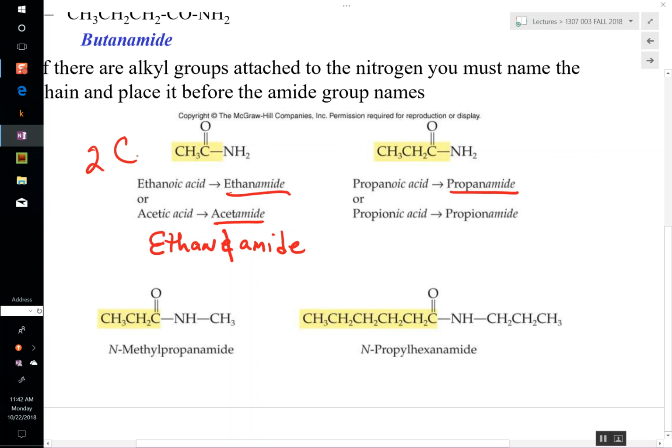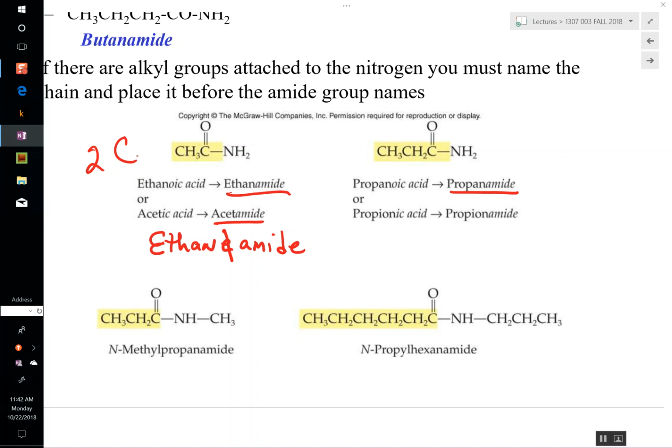There's your propanamide, this is your N-methyl propanamide. This hexanamide, 1, 2, 3, 4, 5, 6 carbons long, hexanamide. That amide always has to be on the end. It can't be in the middle.